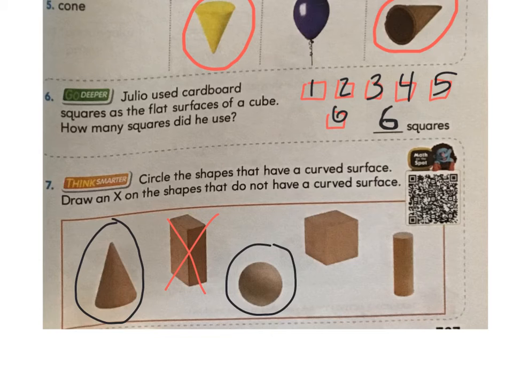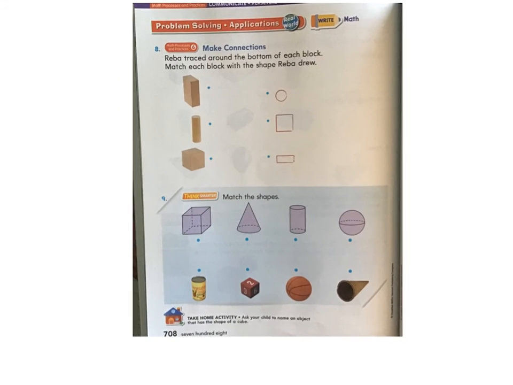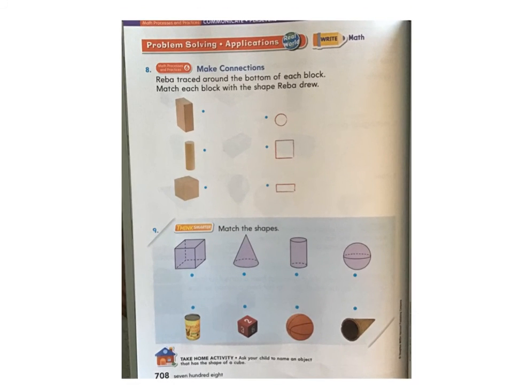The cube? No curved surfaces. And the cylinder? Yes, it does. All right, so we circled the ones with curved surfaces and put X's on the 3D shapes that did not have curved surfaces. All right, let's turn to page 708, I'm sorry.